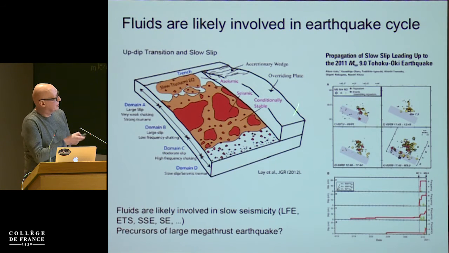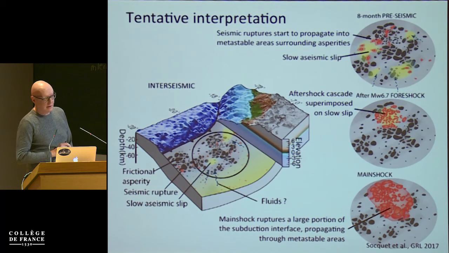This is the kind of picture that people draw about this context. And I took another one because I think it's very colorful and spicy. What I find interesting in this picture is that these authors argue that you need fluids to feed the bottom of the seismogenic zone in the subduction zones.